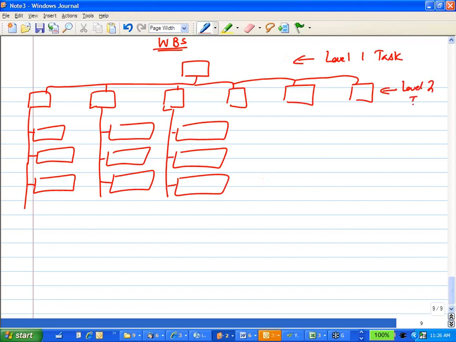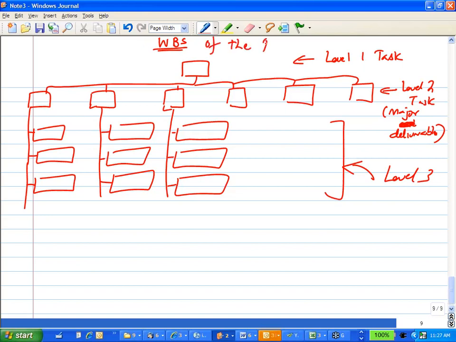This is the level 2 task. They're called the major milestones, major deliverables. And then this is level 3. It looks like a site map, it's a work breakdown structure of the project.